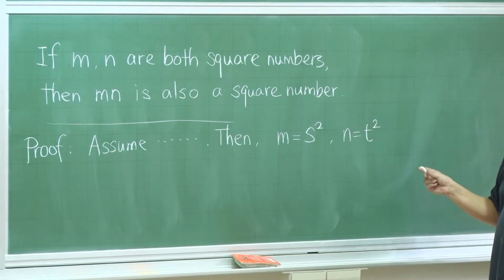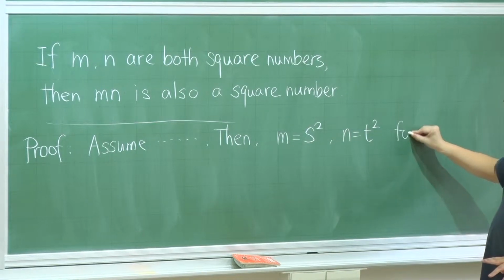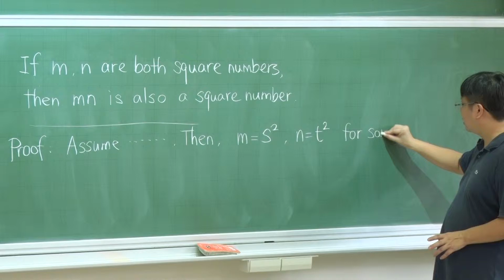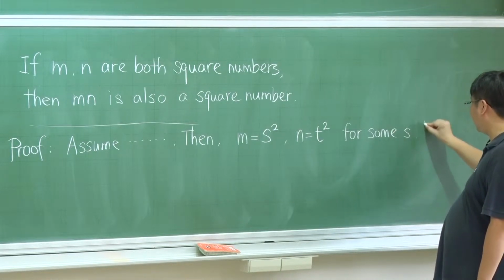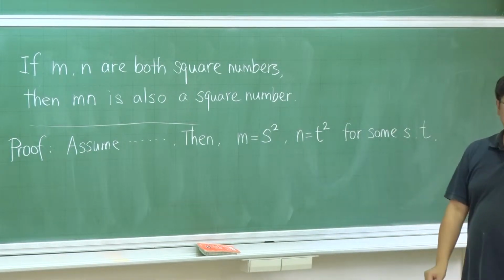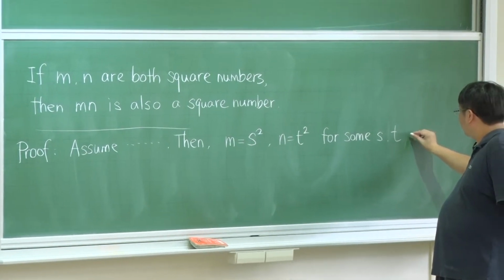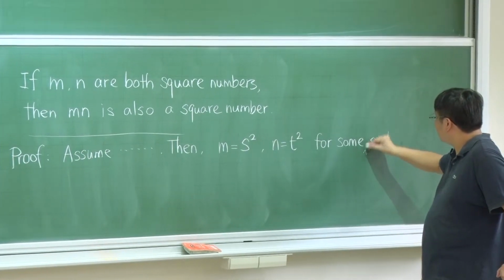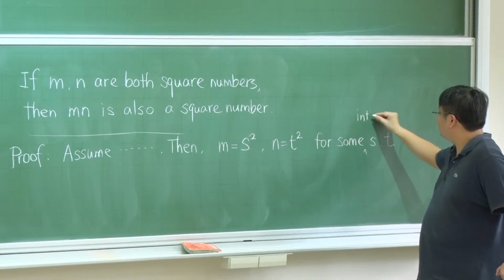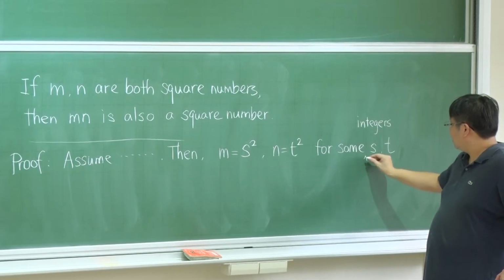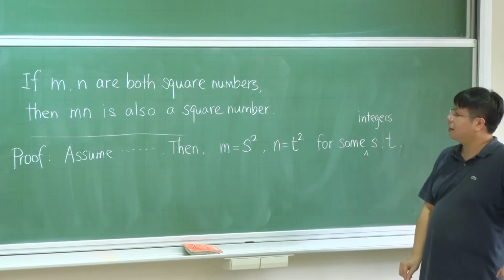I don't know which s, which t we take, but I know that some of them exist, for some integer s and t. Is that okay?